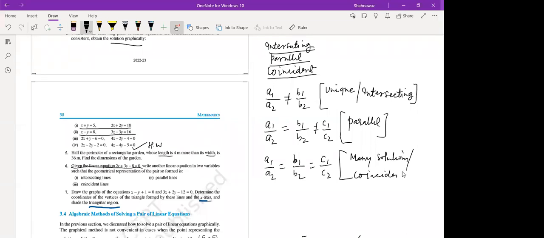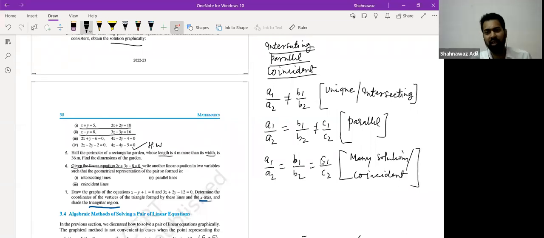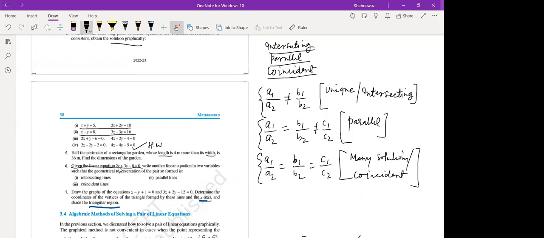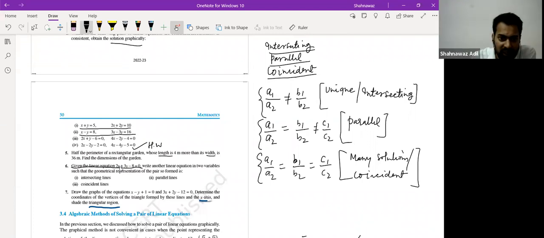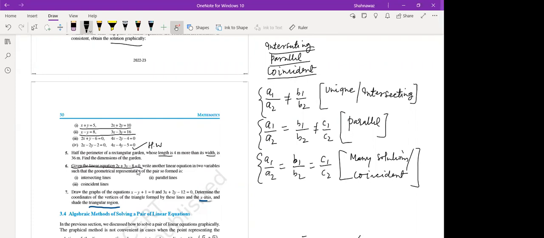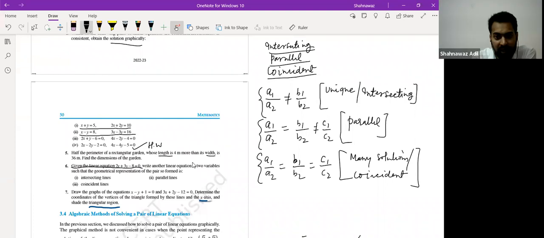So Adil, these are the three scenarios, just as I was talking about graphically. Algebraically, you can tell by just comparing the coefficients. Just remember this, and this will help you solve this sixth question. So they have given one linear equation, and they are asking us to write another linear equation in two variables such that the geometrical representation of the pair so formed is intersecting lines.